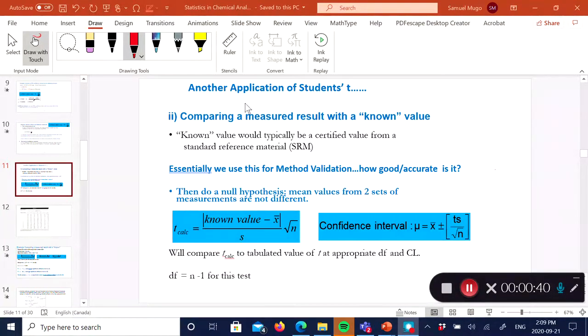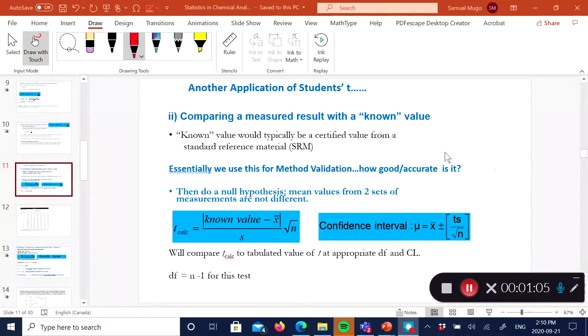And so typically we use this when we are validating a method that has been developed and that is new, and you're trying to assess if that method is fairly accurate. Assume you go out there and develop a new method to detect, say, glucose in blood that is different from the conventional amperometric techniques that are used.